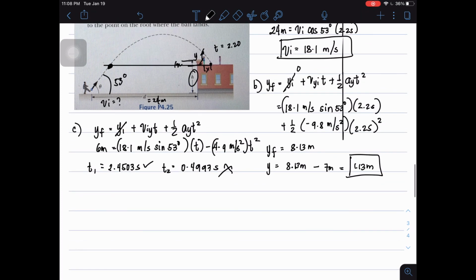To solve for x of f, we have x of f is equal to xi. Therefore, there we go. Apply the given parameters.